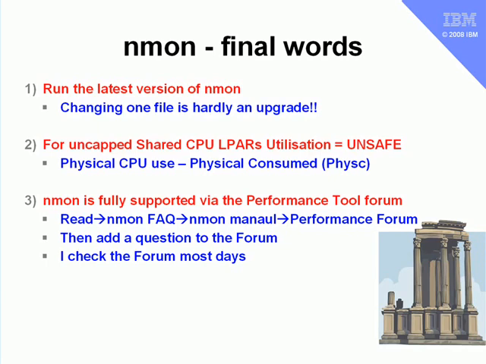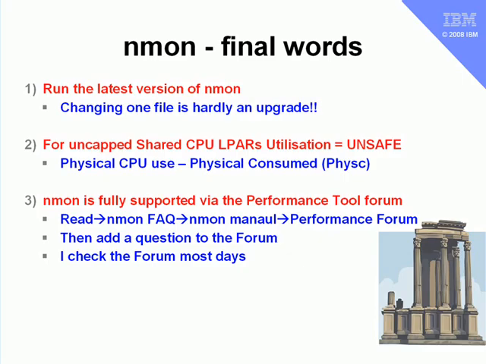Number 2 is for uncapped shared CPU logical partitions. The utilization numbers are fundamentally unsafe. They are not going to tell you how much CPU time your logical partition is using. This is because as you get up to your entitlement, the utilization number gets to something like 95%, and then as you go over your entitlement, you can go up to 10 times more CPU time than your entitlement, and the utilization number will change from, say, 95 up to 100%, and you've really no idea how much physical CPU time you're using.